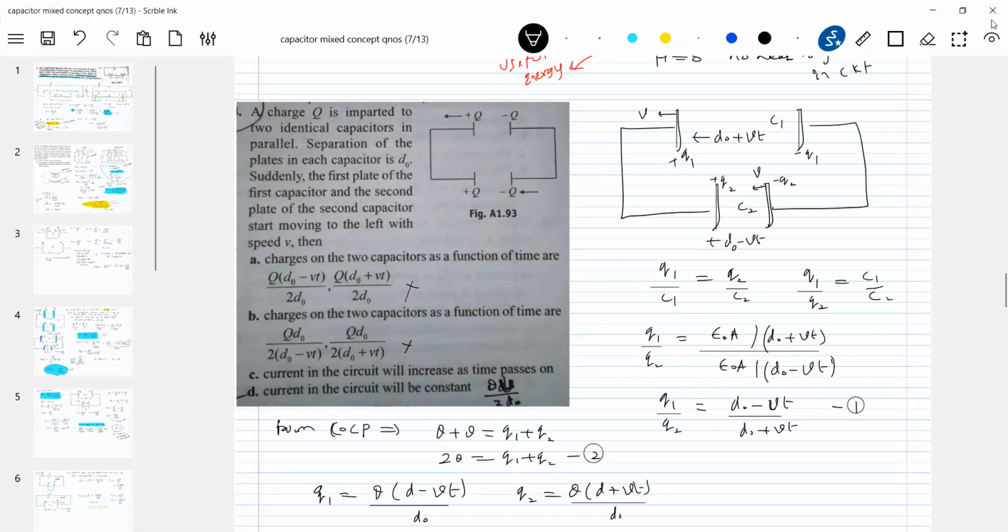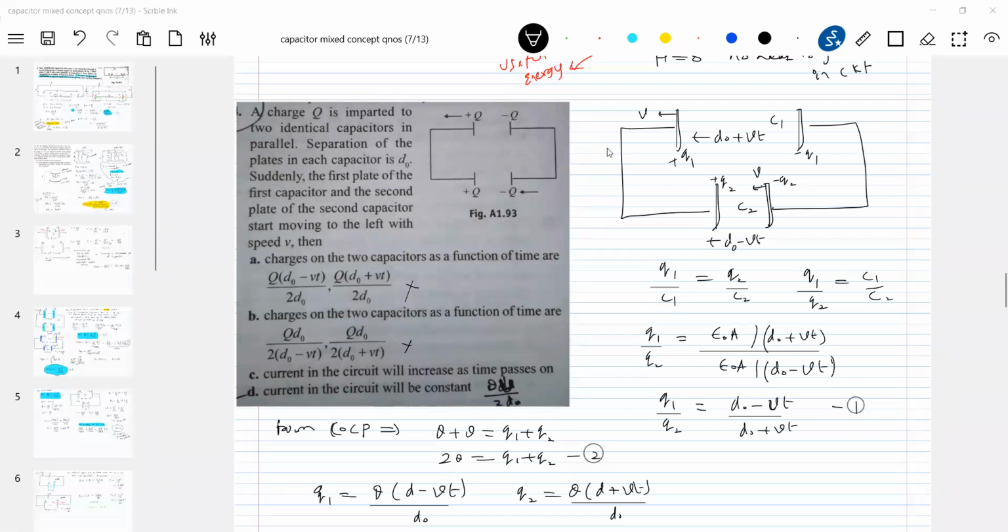This is confirmed. d by dt of Q1, minus Q1.